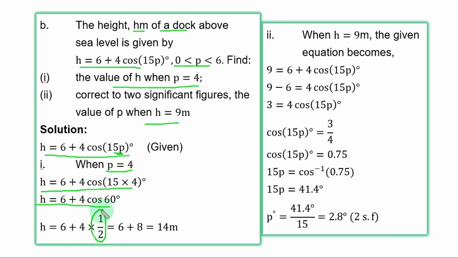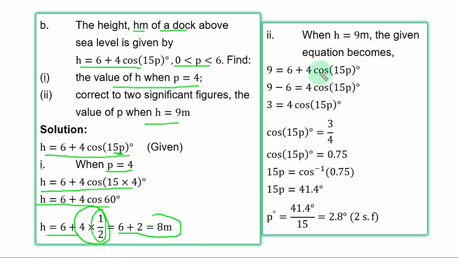By the rule of BODMAS, you have to multiply before you add. So we have h equal to 6 plus 4 times 1 over 2. If you simplify this part first, you have 2. So you have 6 plus 2 equal to 8 meters.